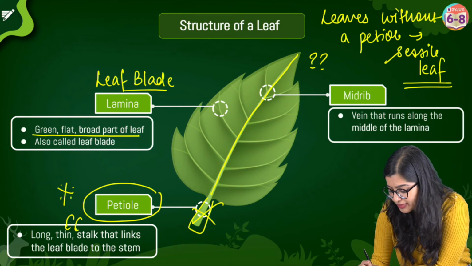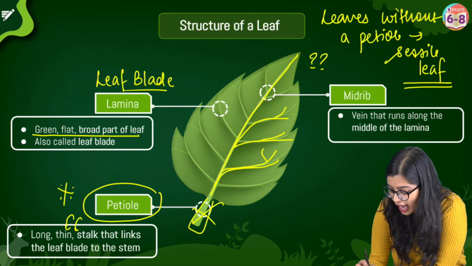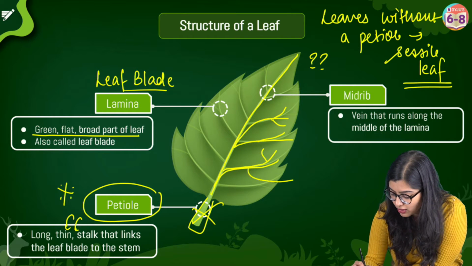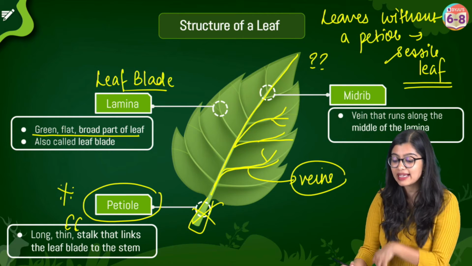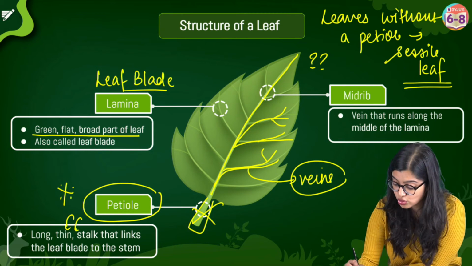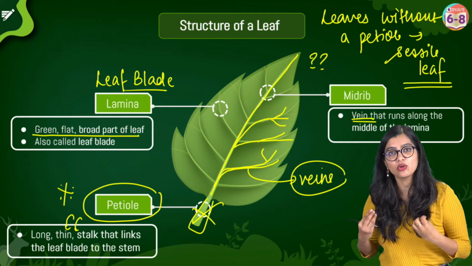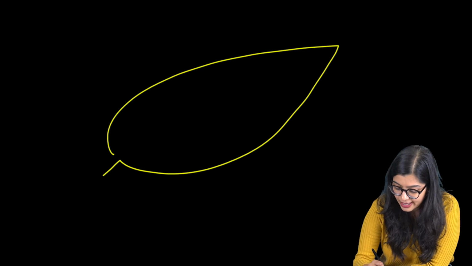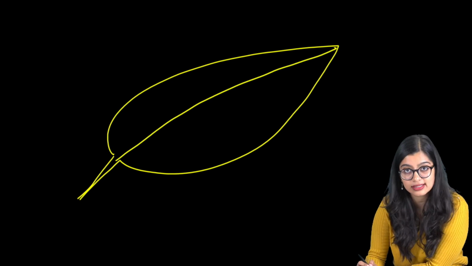And we see that from the midrib, there are various branches that originate out, right? And these lines that we observe, we call them the veins. So you can see that the midrib is also a vein that runs in the middle. So quickly to go back, this is my lamina, this is my petiole, and there's a prominent line that runs in the center.